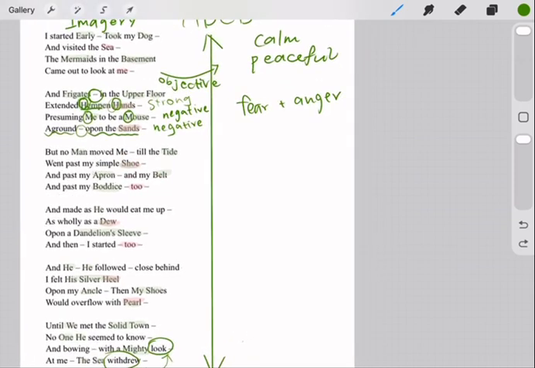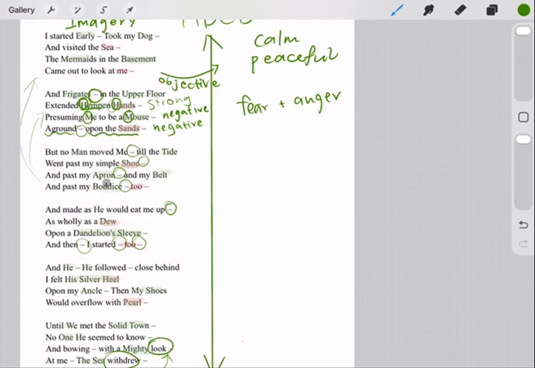Then for the third and fourth stanzas, you can see how the dashes and the pauses in between are abrupt. The overall flow is relatively faster than the previous stanzas. For example, "and past my apron, and my belt, and past my bodice too." The pauses here are faster, which makes the overall flow way faster than before.